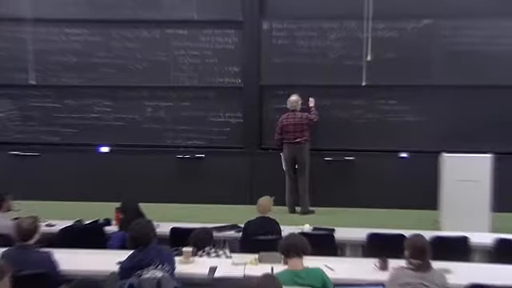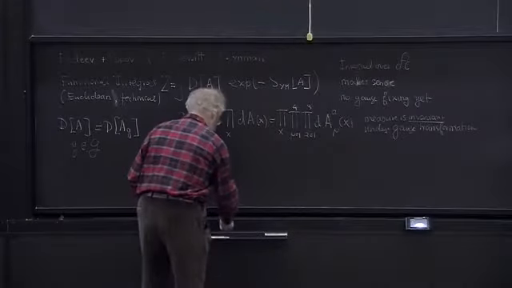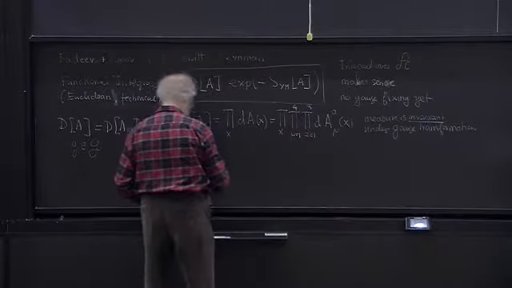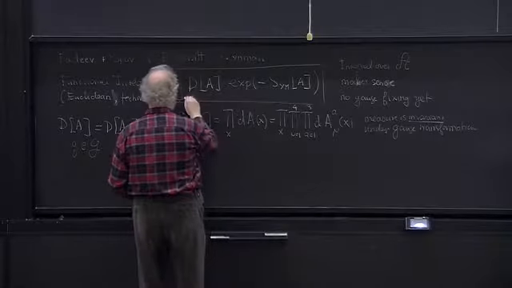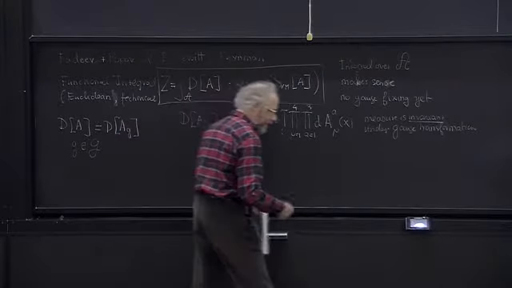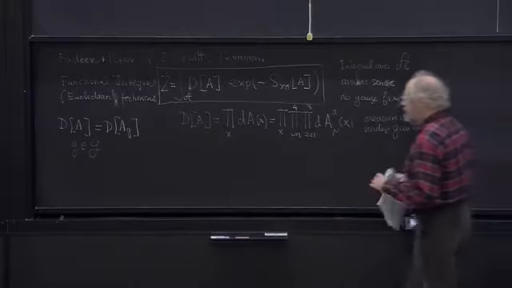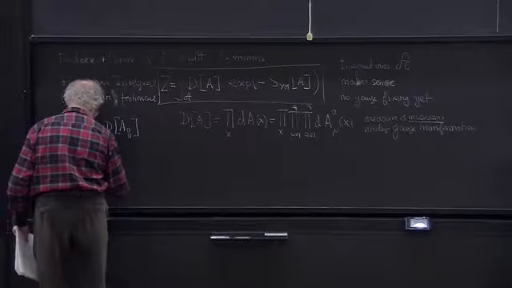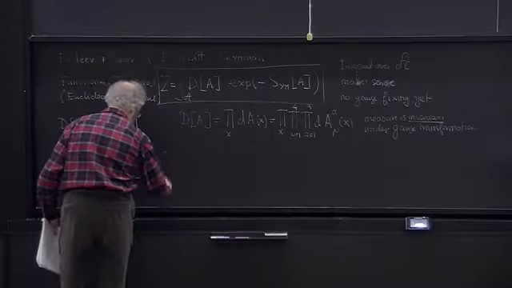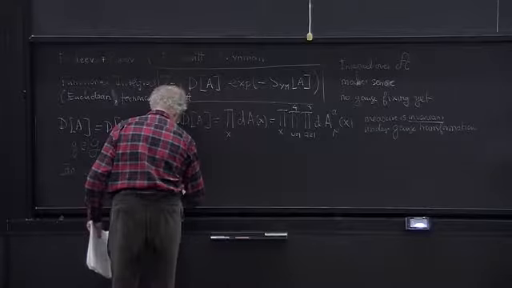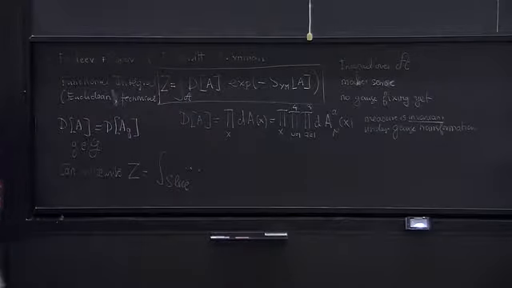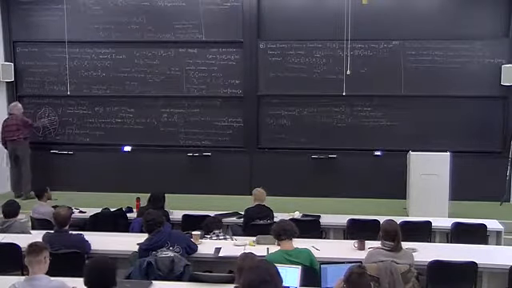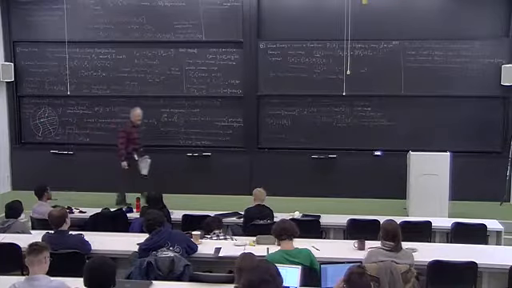Let's call it Z. Okay, so this is Z. This is an integral over A. Can we rewrite Z as an integral over a slice of something? So factor out the action of the group.